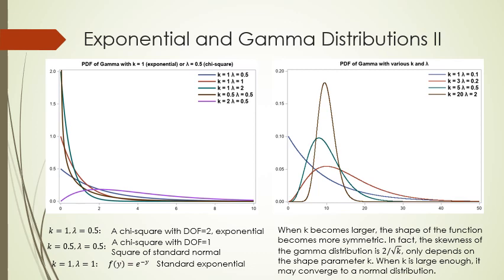When k becomes larger, the shape of the function becomes more symmetric. In fact, the skewness of the gamma distribution is 2 over square root of k, only depends on k. That is probably the reason we name k the shape parameter. When k is large enough, the distribution converges to a normal distribution, which we will learn in the next slide.